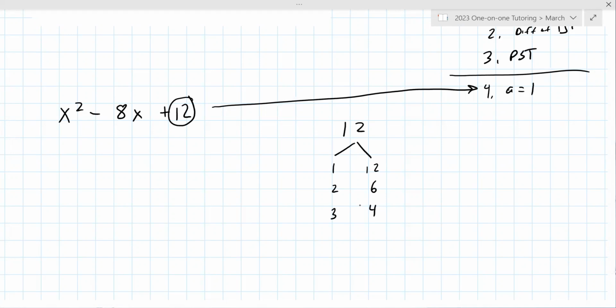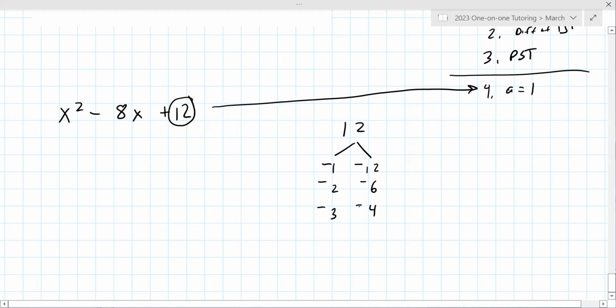But 2 and 6 would be 8. That's right. So if these were both negative, if you turn them both negative, -1, -12, -2, -6, -3, -4, they still multiply to 12, but this time they add to -8.